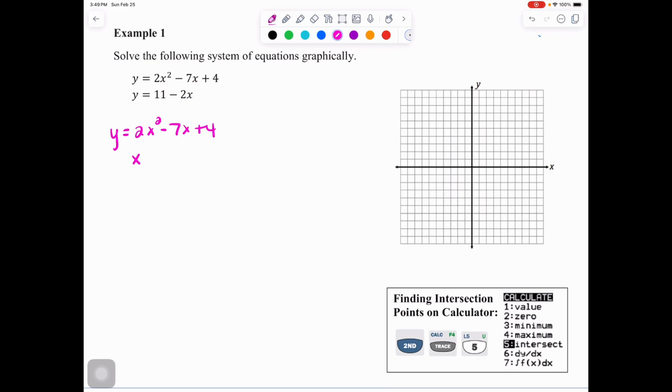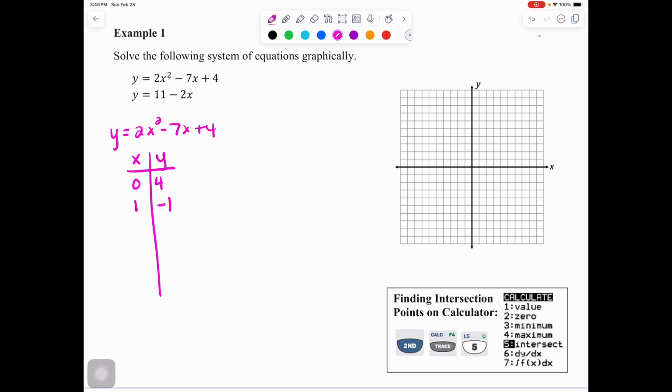So I'm going to do x and y. I will do the (0, 4), the (1, -1). Then we had (2, -2), but that's almost coming back on its swing back up. Because when we looked at our minimum, it actually happened at (1.75, -2.125), which is lower than -2.